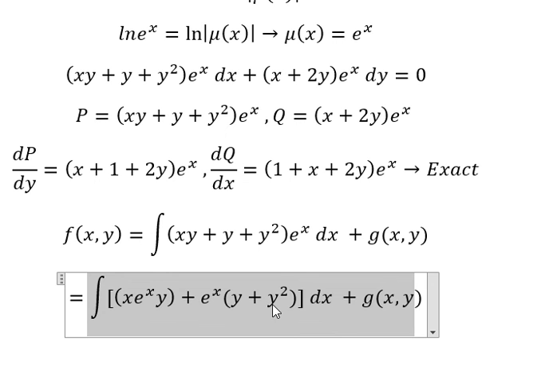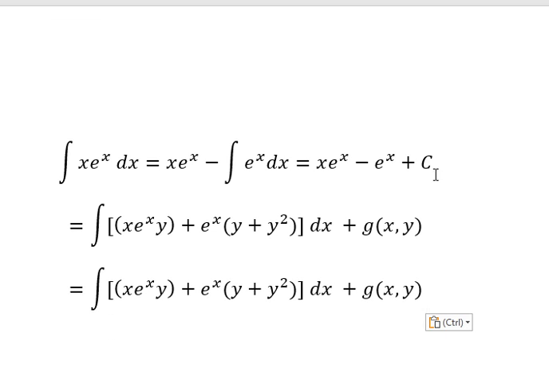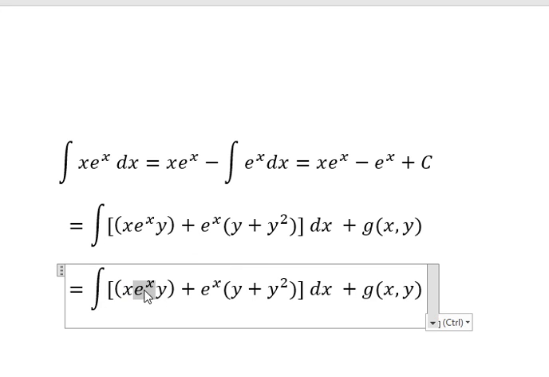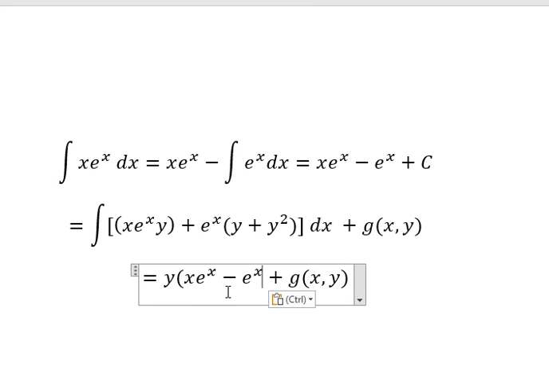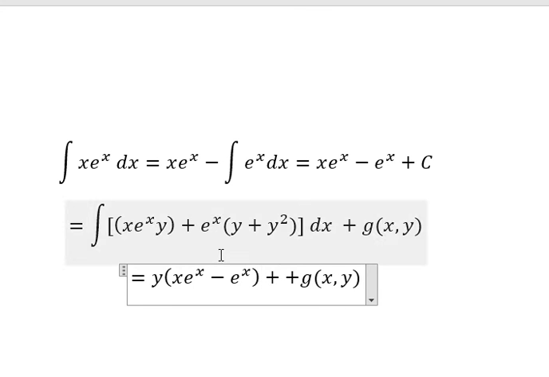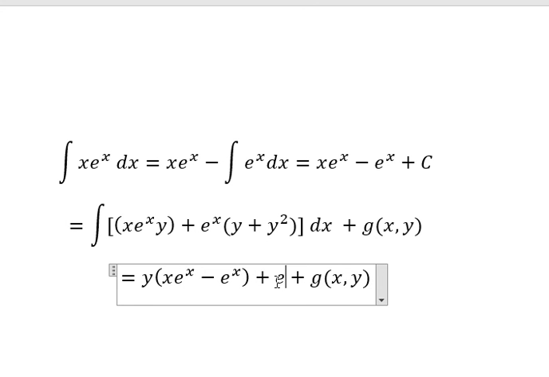So we go back in here. The integration of this one we multiply by y, so we have this one in here. The integration of this one you keep the same.